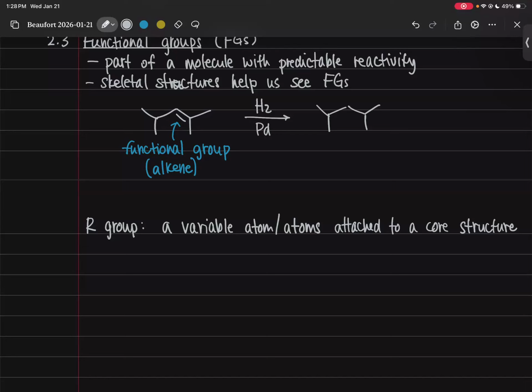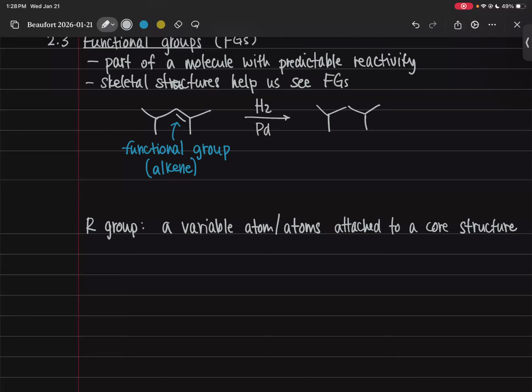So in the same way that the functional groups are the interesting or the reactive parts of a molecule, R groups are like the opposite. They're the stuff we don't care about, and the stuff that would be really nice if we just didn't have to draw it and we just put the letter R instead. So that's what we're going to do.